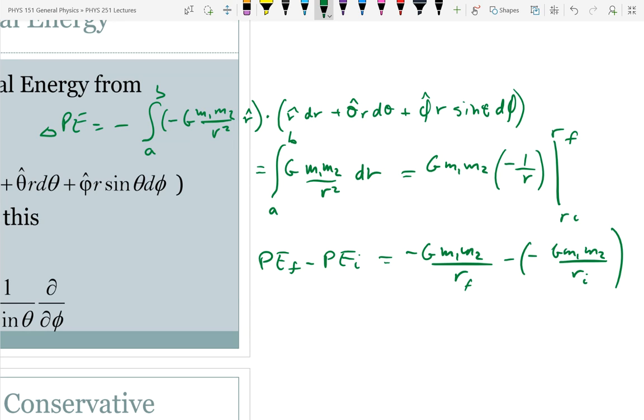Once again, we can have a constant offset, but we choose to make that constant offset 0 and identify that potential energy due to gravity is equal to minus G mass 1 mass 2 over r.